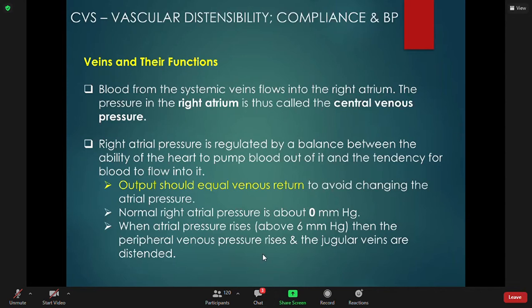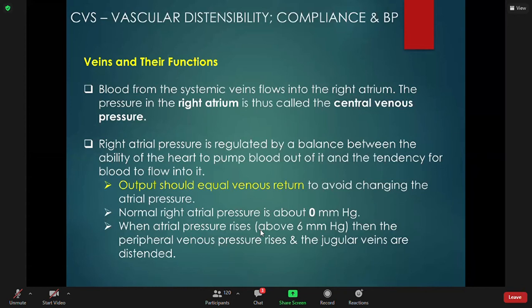We want a lower central venous pressure because if the central venous pressure, meaning the pressure in the right atrium, will go up as much as 6 millimeters mercury, mahihirapan si inferior vena cava to drain into the right atrium. Okay?